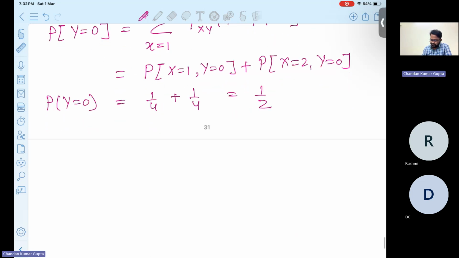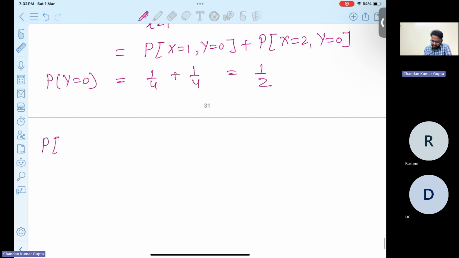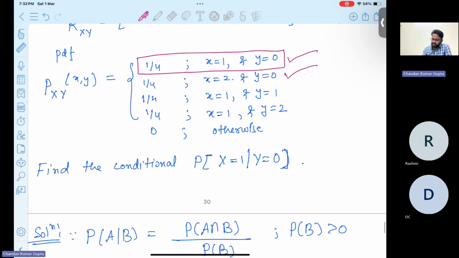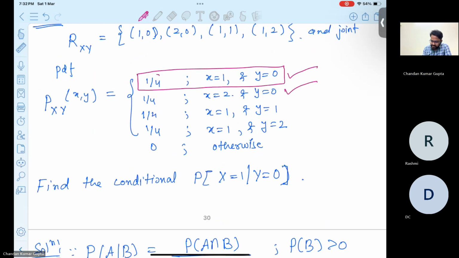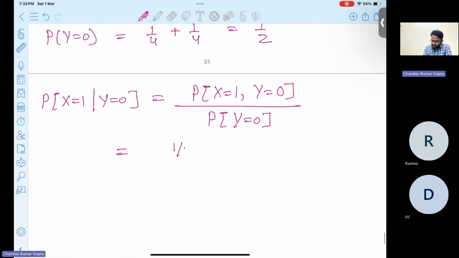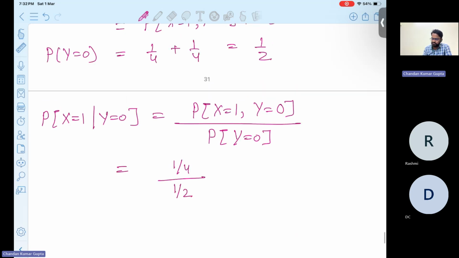Now we need to calculate probability that x equal to 1 given y equal to 0. That is probability that x equal to 1, y equal to 0 divided by probability that y equal to 0. Probability that x equal to 1, y equal to 0 is 1 by 4, as we have already discussed. So the numerator is 1 by 4 and the denominator that we have already calculated is 1 by 2.